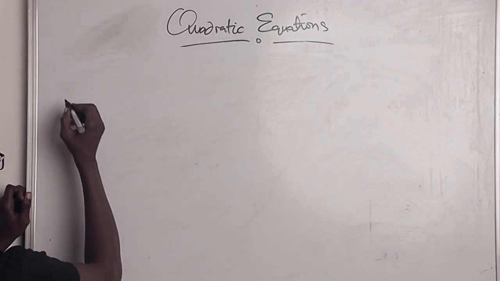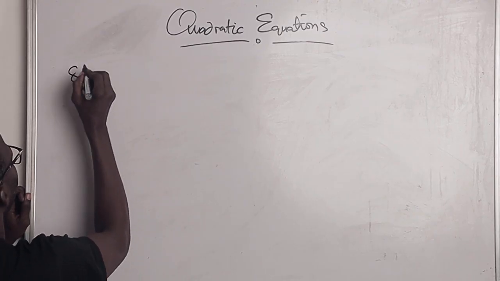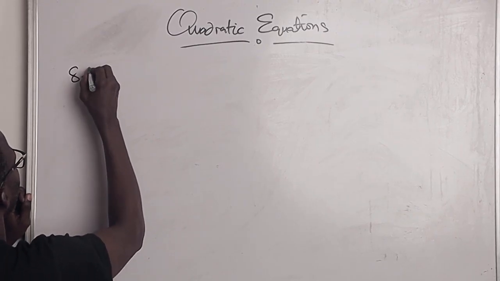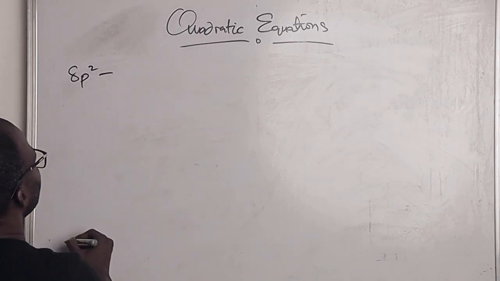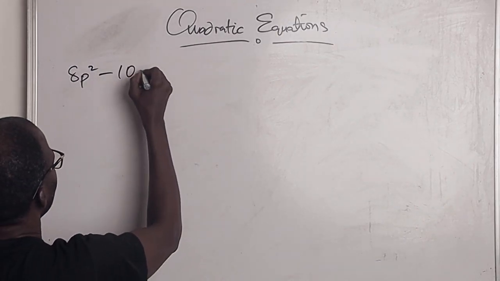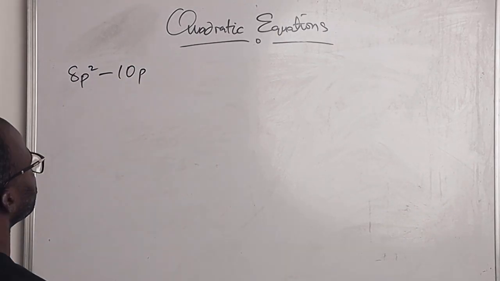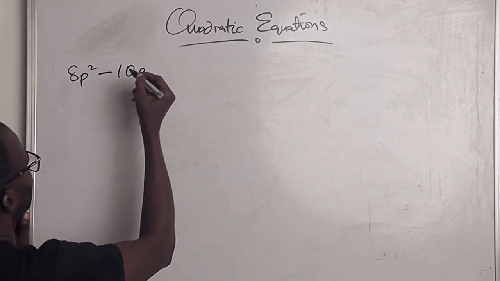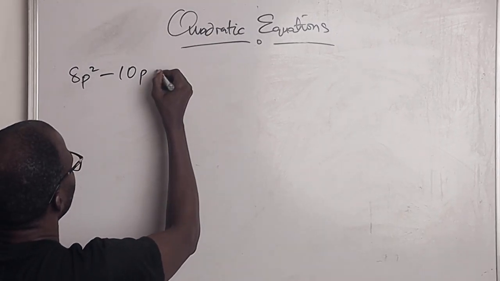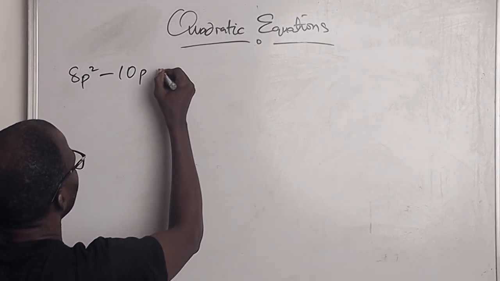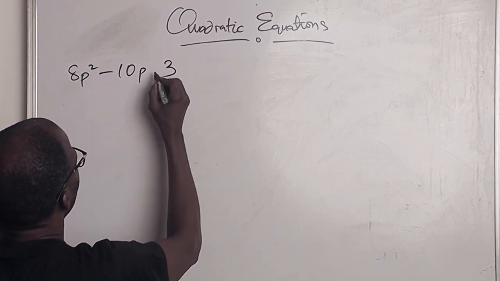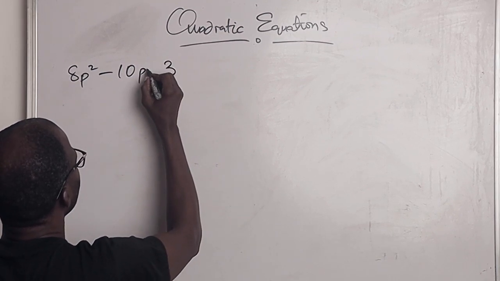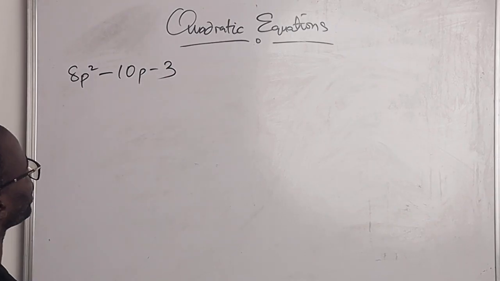So we have this equation whereby we have 8p squared minus 10p, then we now have, let's say, minus 3.